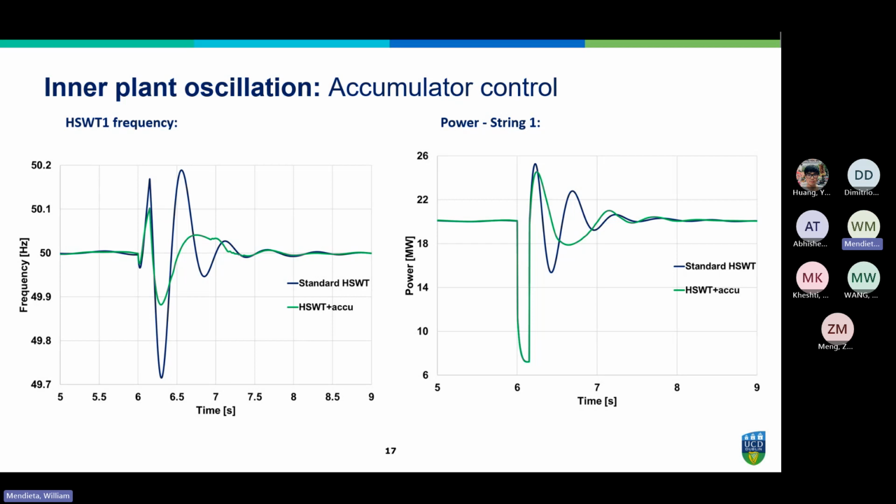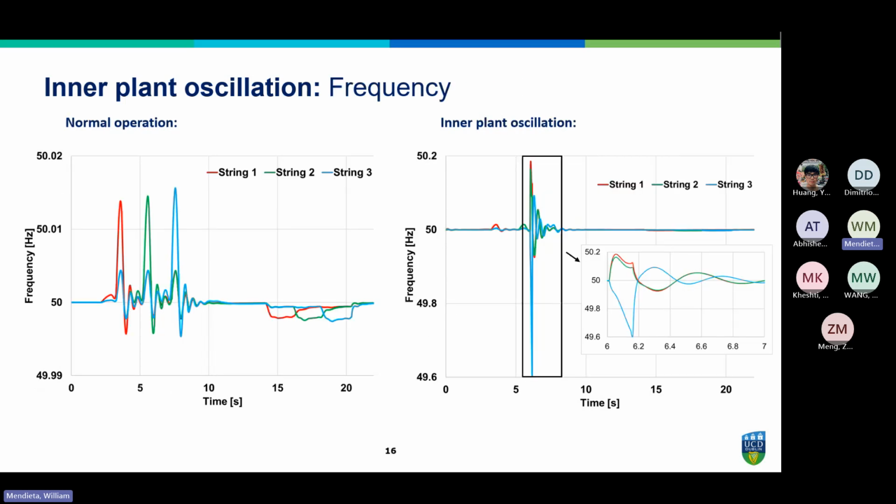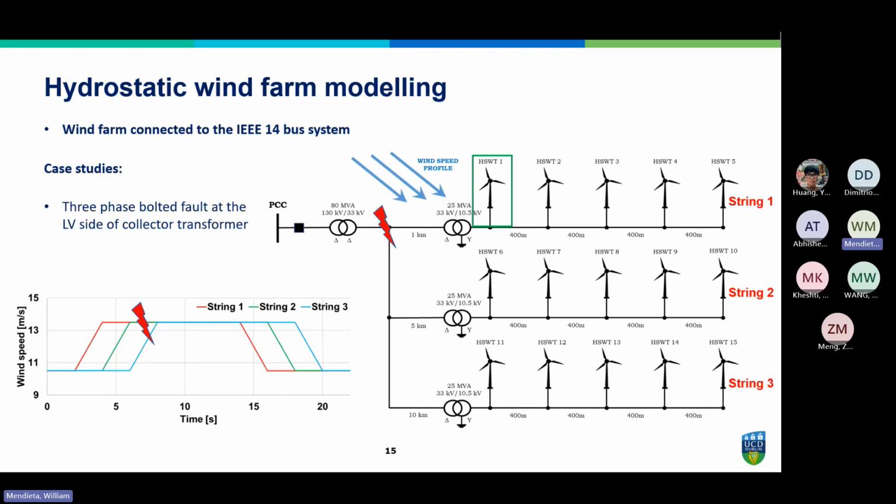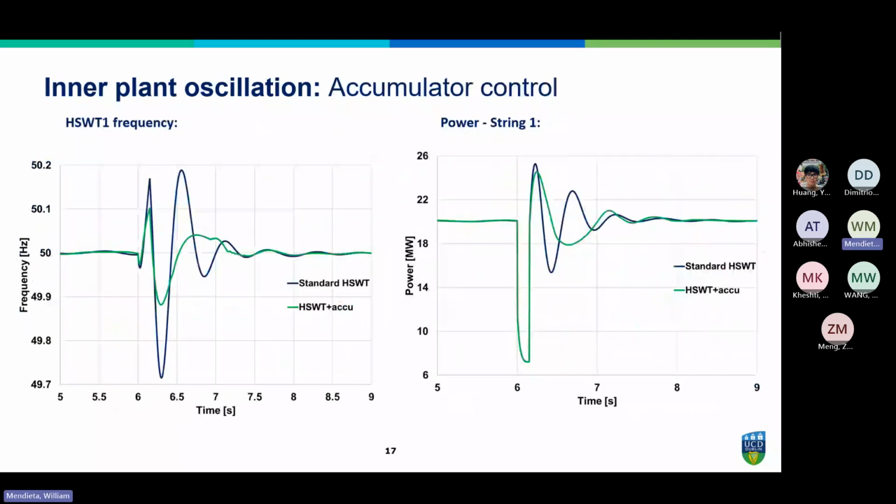In the figure on the left, the frequency response of hydrostatic wind turbine number one in string one, which is the one marked in this green rectangle, is studied. First we study this with and without an accumulator.